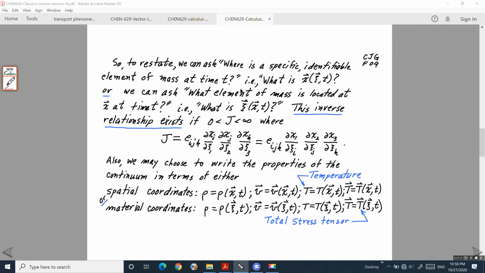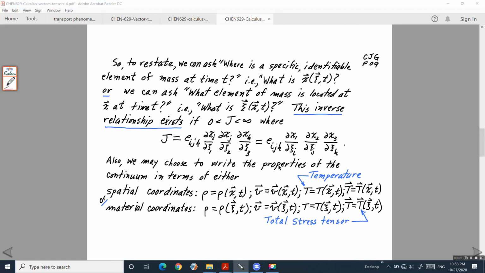Or we can ask what element of mass is located at x at the time t. In other words, what is that one? This inverse relationship exists if the Jacobian exists in here. So, okay, the Jacobian is given by this formula.